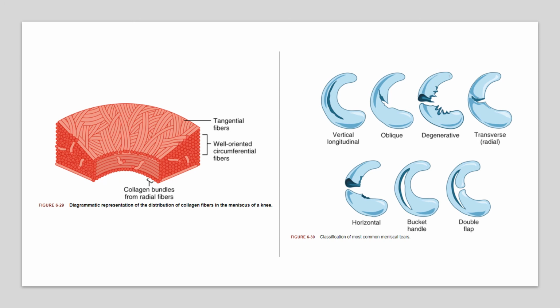This structural arrangement enables the meniscus to resist lateral spread that occurs during high compressive loads generated during weight-bearing exercises and activities. The longitudinally arranged collagen fibers facilitate shock absorption and sustain the tension generated between the anterior and posterior attachments.